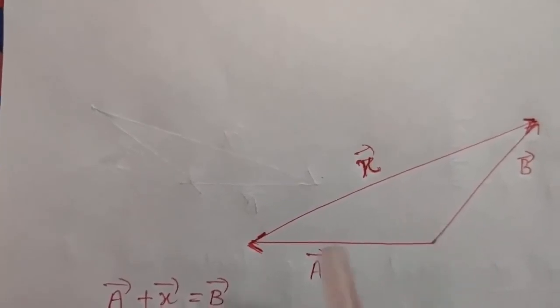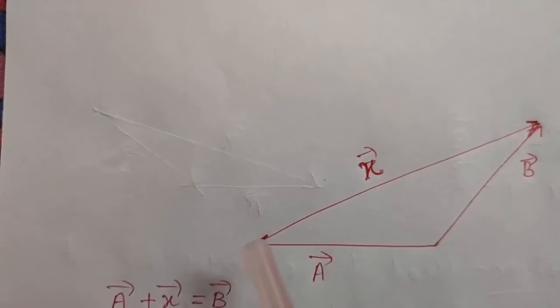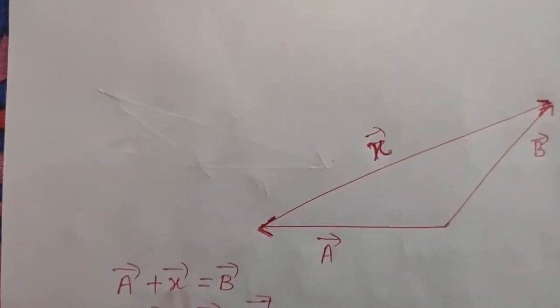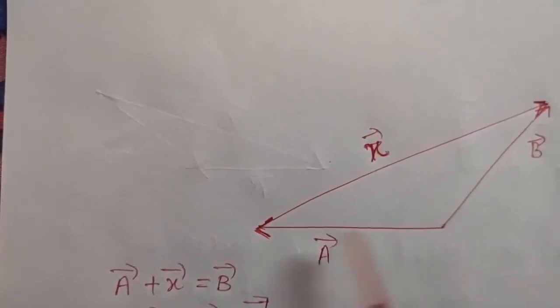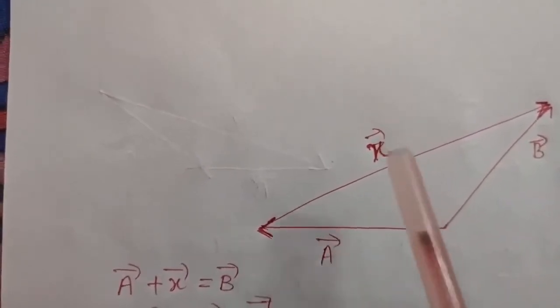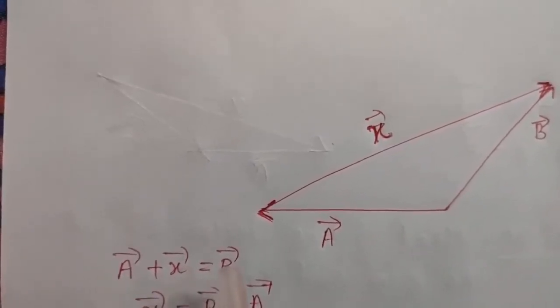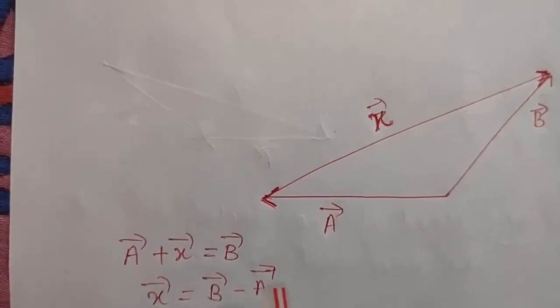Now if you use triangle law here, see, A and X are now in the same order. So I can put A plus X will be equal to B because now B is in opposite order. Or you can say X will come to be equal to B minus A.